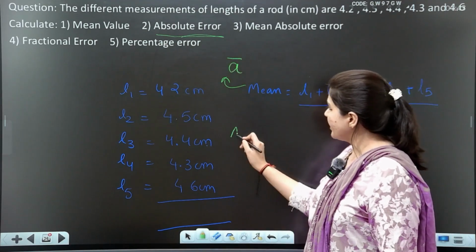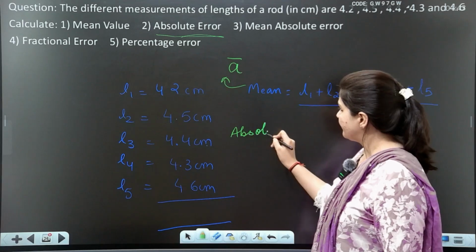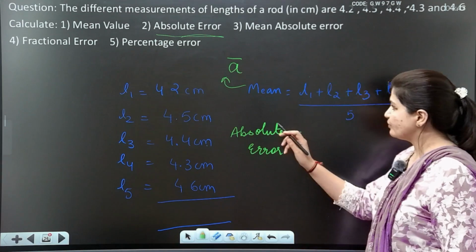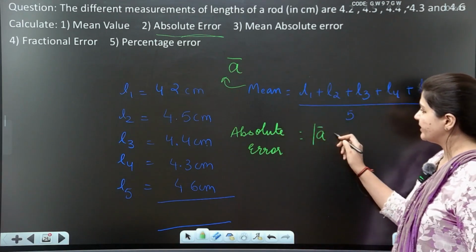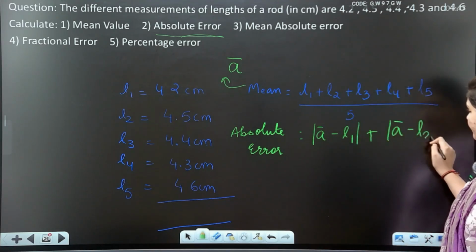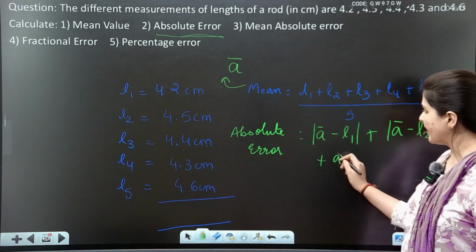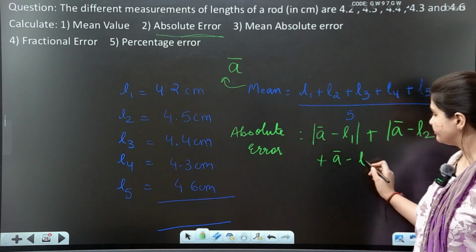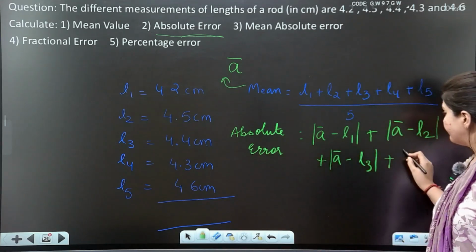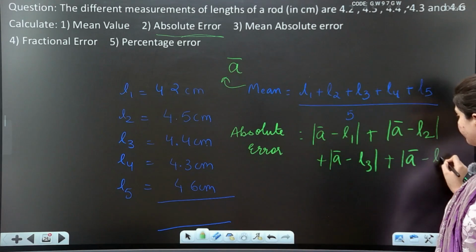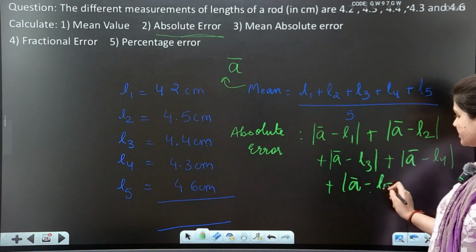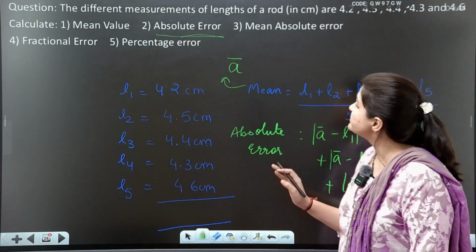So the absolute error is A bar minus L1, then A bar minus L2, A bar minus L3, plus A bar minus L4, plus A bar minus L5. This is how we can find the absolute error.